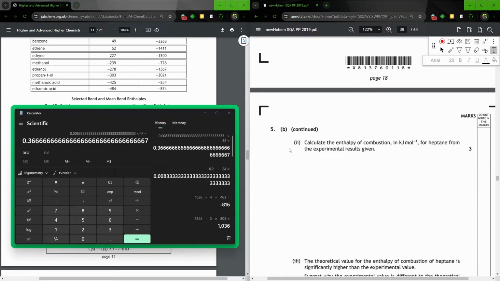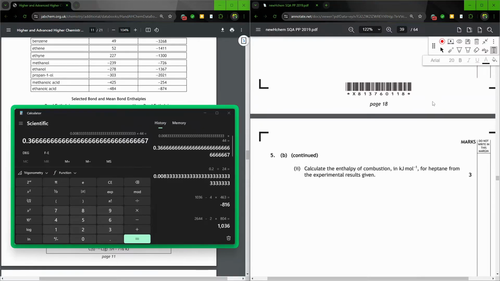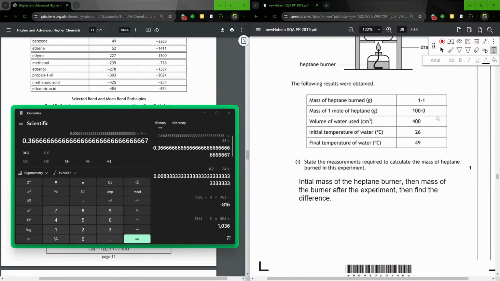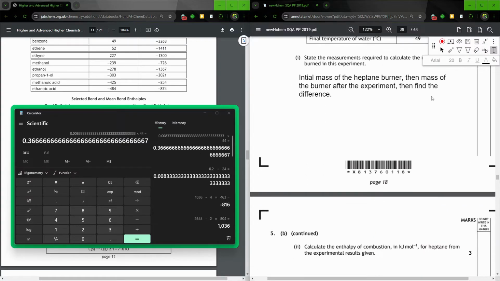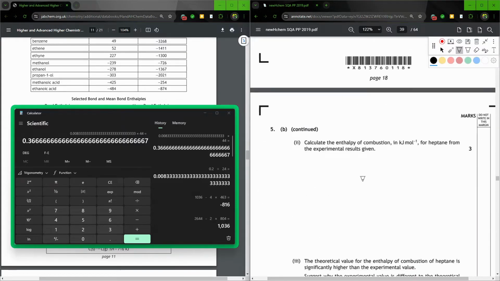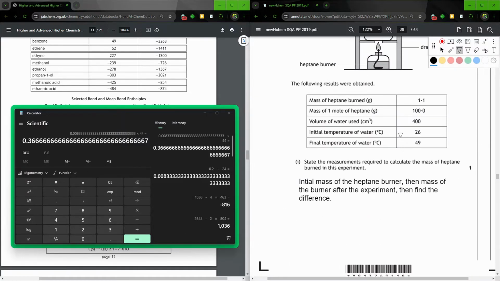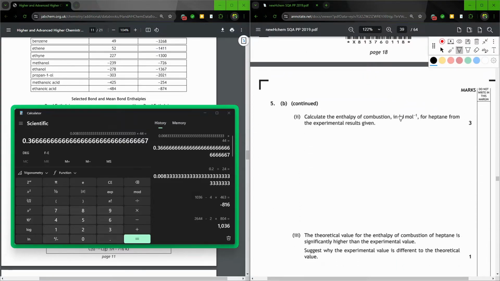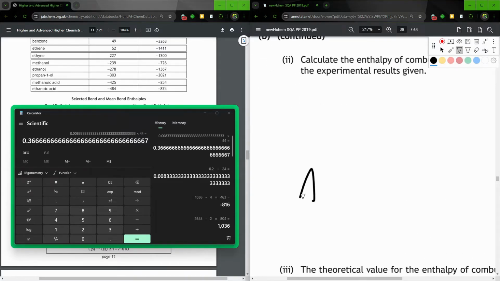Calculate the enthalpy of combustion in kilojoules per mole for heptane from the experimental results given. Okay, so it just wants us to work out the enthalpy. There are a few things we need to do here. First thing to remember is that enthalpy has the formula delta H, which is energy E over the number of moles.